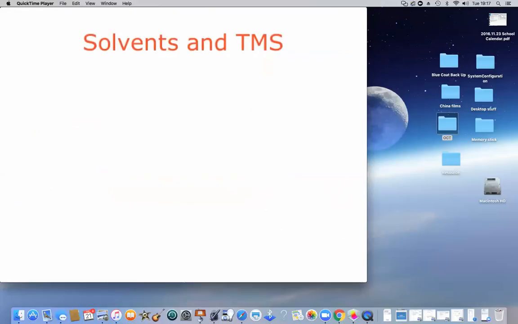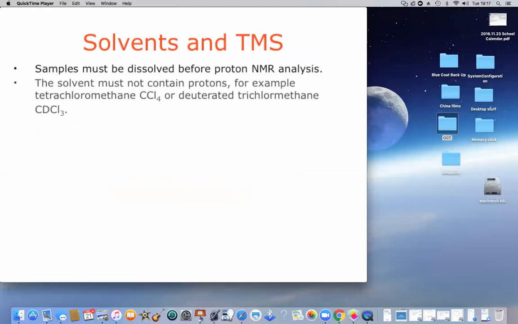Now, the solvents and the use of TMS, we'll talk a little bit about this because this is important. The samples need to be dissolved in some kind of a solvent before we can analyze them in the NMR machine. Now, it stands to reason that if your solvent contains protons, it's going to show up, and that's obviously not going to be any good.